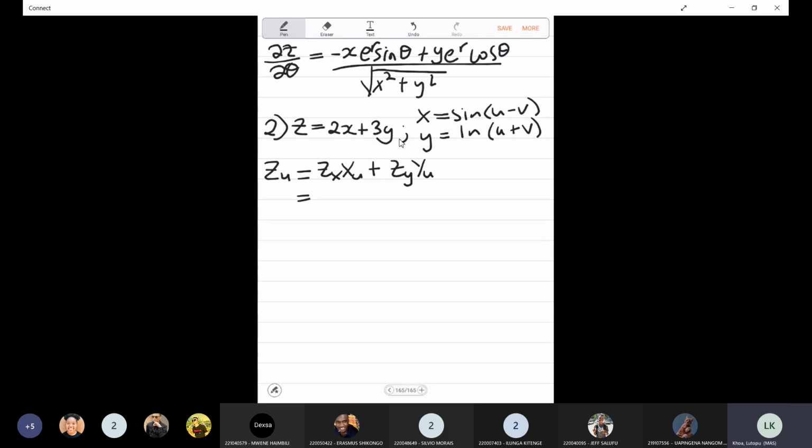So these are pretty simple functions to differentiate, nothing too complicated. When we differentiate this with respect to x, our answer is 2. Then x with respect to u, this is just cos of u minus v. Then z with respect to y, this is 3.